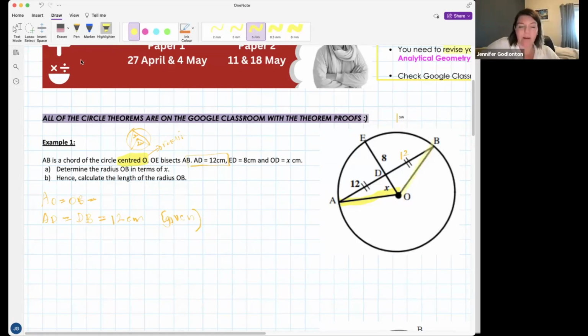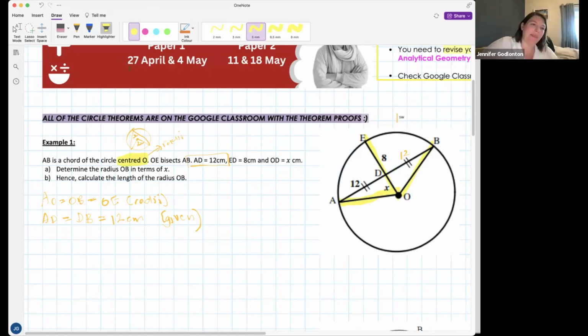I'm looking for one more radius. What else is that equal to? OE, yes, good. Then we're just going to have a little reason over here for radii. Okay, that's a good start. We haven't even looked at the questions yet. We've just written in some things that we know are true.